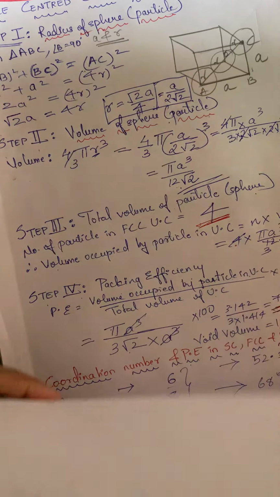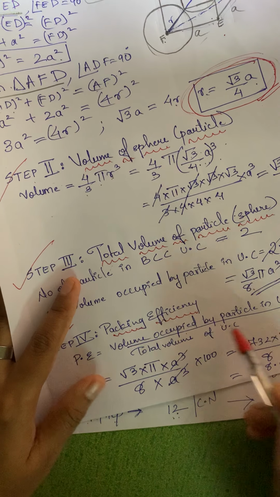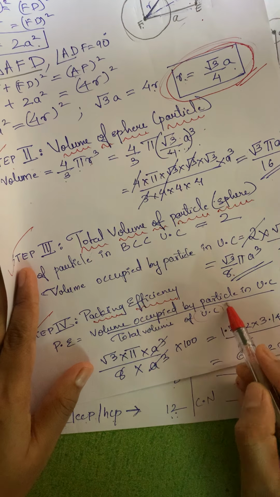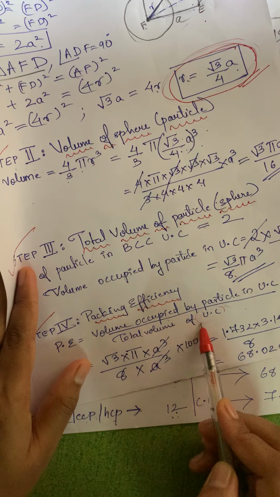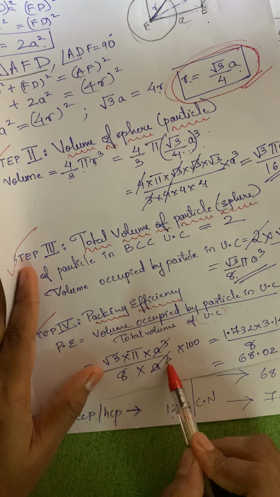Again, packing efficiency: you just have to learn the formula by heart. Volume occupied by particles in unit cell upon total volume of a cube, into 100. To understand, you can write cube in brackets in place of unit cell, so that you don't have any confusion. The total volume of the cubic unit cell in all the cases remains as a cube.